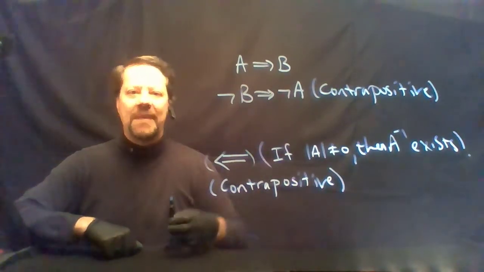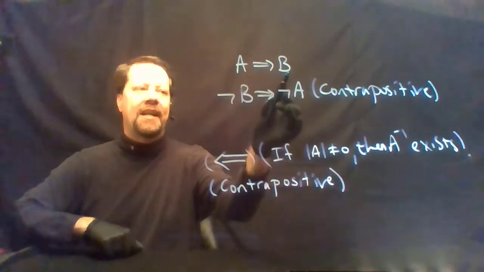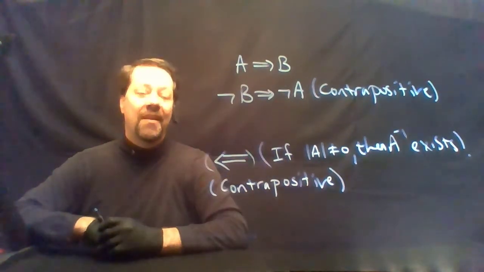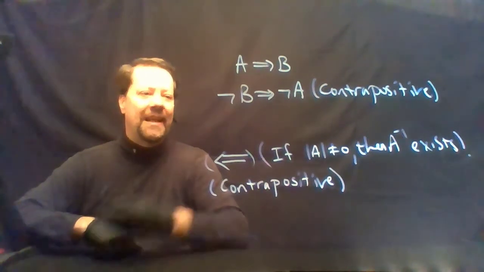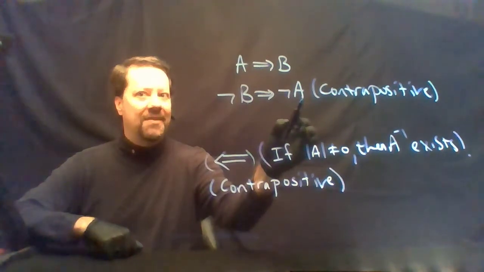Suppose A implies B is the statement, if I am in Paris, then I am in France. The contrapositive would be, if I am not in France, then I am not in Paris.